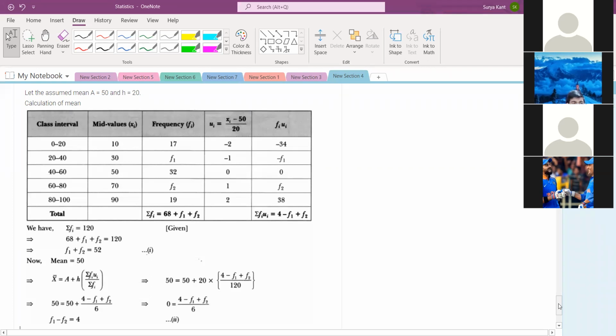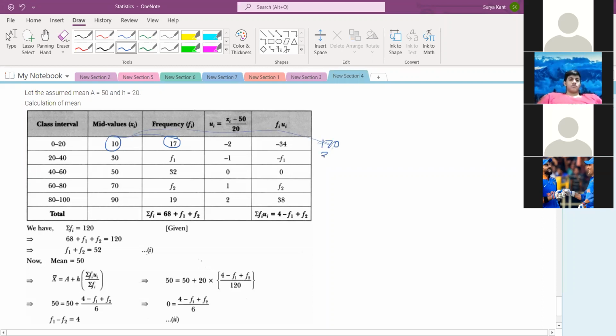See, mean is given as 50, right? So you just put the formula. Which method are you doing, Praharshan? Direct method only. So you can multiply fi and xi directly if you are doing the direct method. So this should come 170.